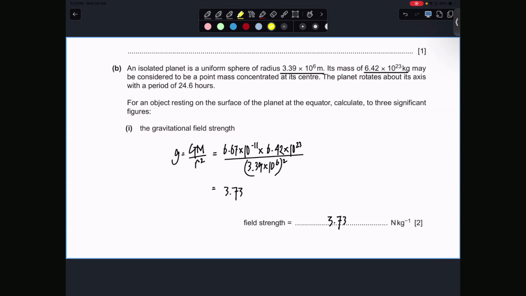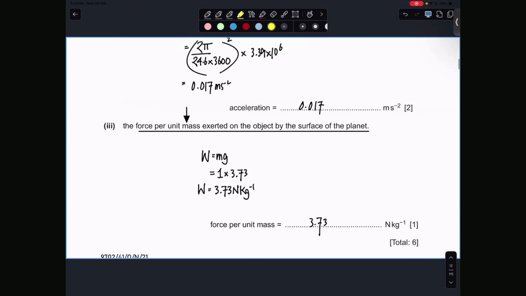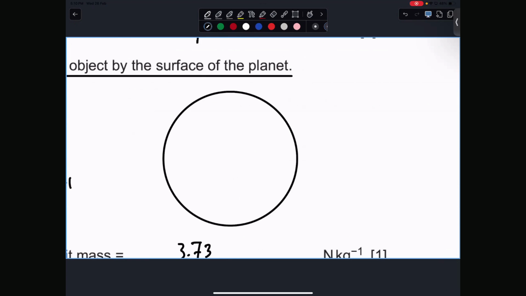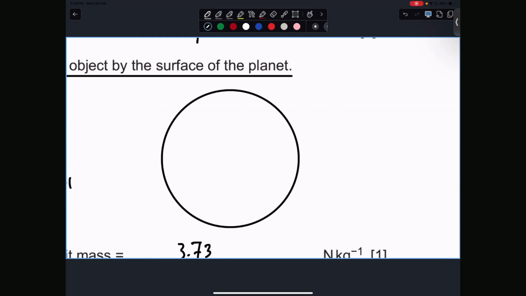এখানে হচ্ছে কি বলছে দেখো, for an object resting on the surface of the planet at the what? At the equator. এটা quick reminder of circular motion and we learned something. Yes.